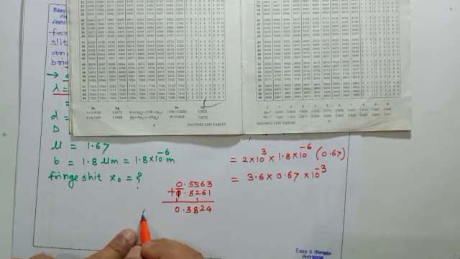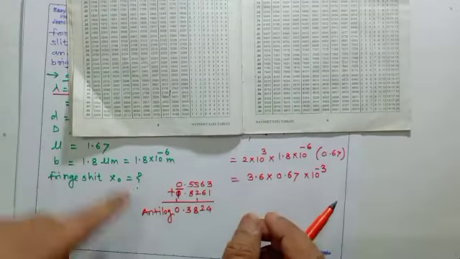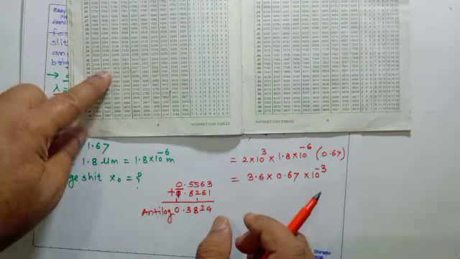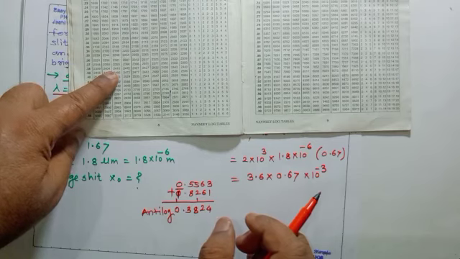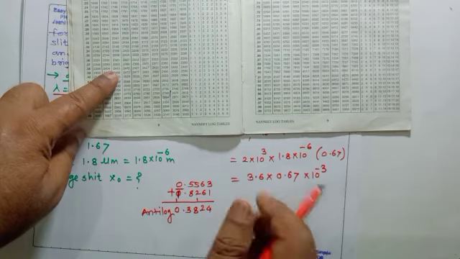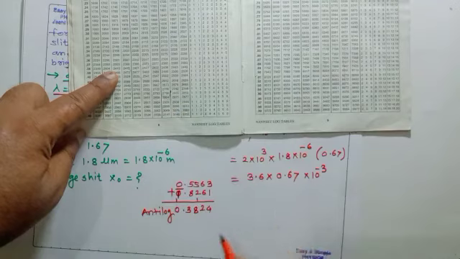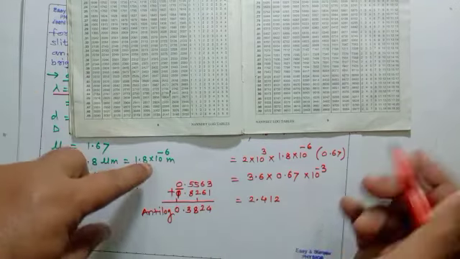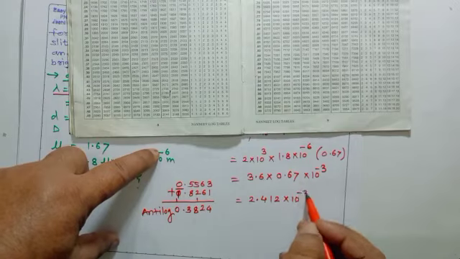If we take the antilog of 0.38, it gives 0.38 in 2, it will be 2410. In 4, the mean difference will be 2, so it is 2.412 into 10 to the power minus 3.